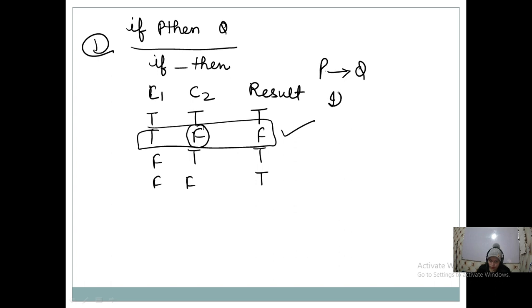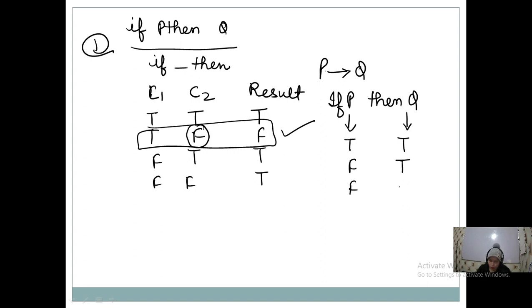Means if P then Q. If P is true, then Q must be true. If P is false, Q can be anything.